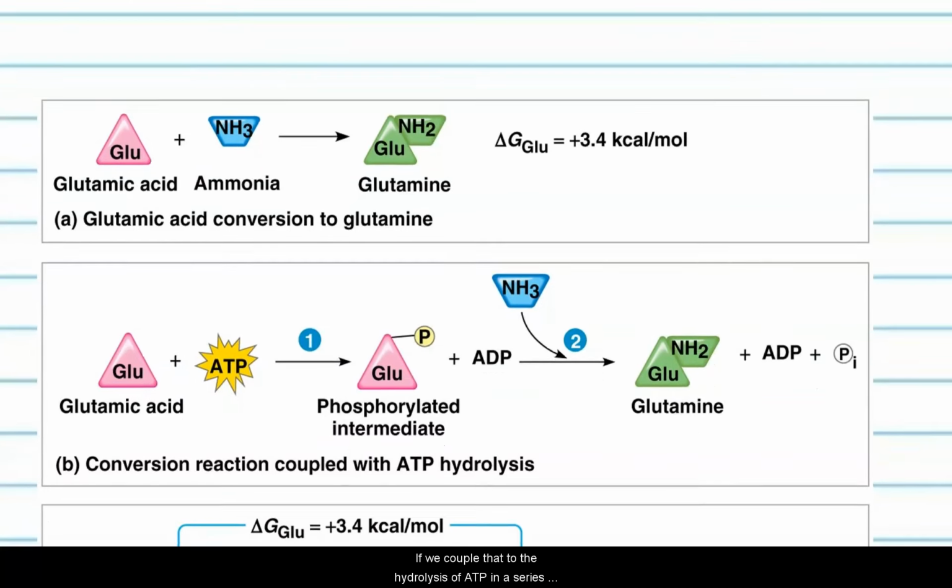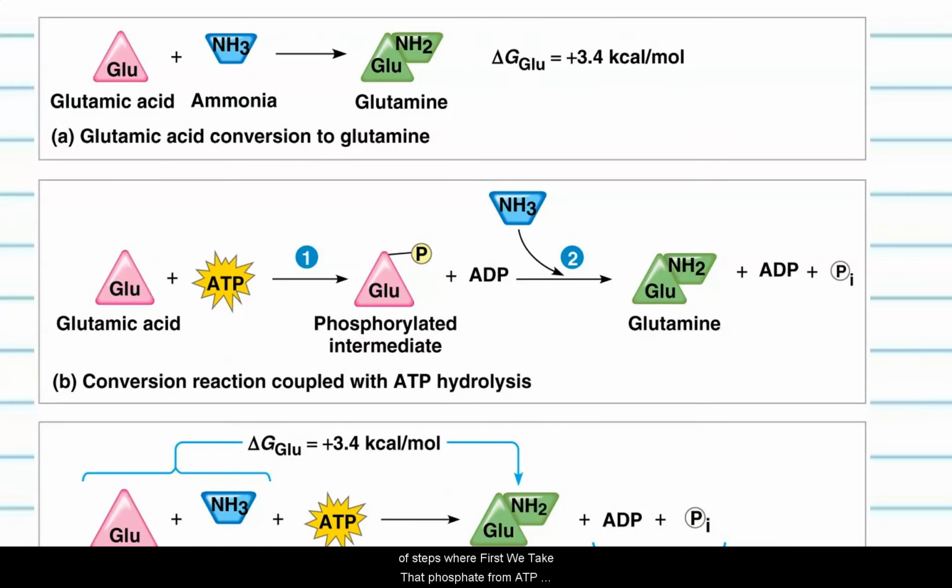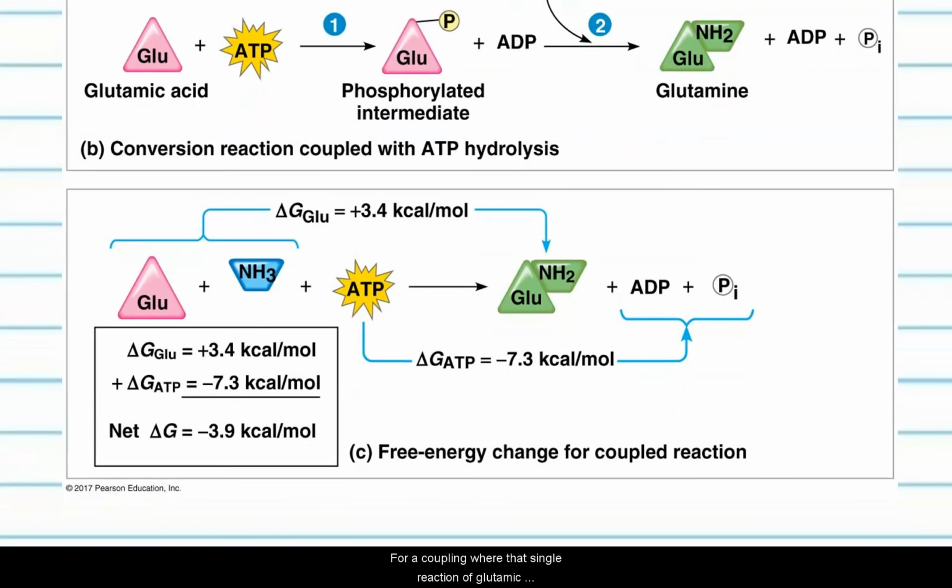If we couple that to the hydrolysis of ATP in a series of steps, where first we take that phosphate from ATP and we attach it to the glutamic acid, which you can see here in step 1, and then we take our ammonia and attach it to the glutamic acid and release that phosphate group, that then allows for a coupling where that single reaction of glutamic acid and ammonia has a positive delta G. The reaction of ATP hydrolysis has a negative delta G, and the net delta G here now is a negative number.